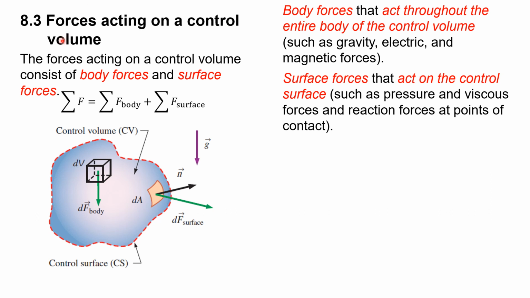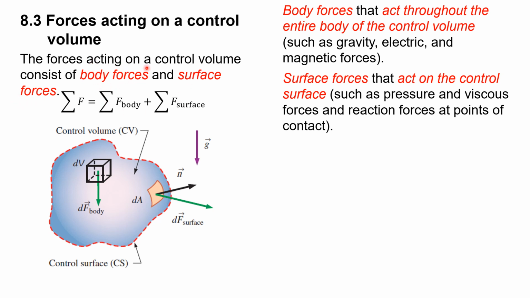Okay, 8.3 forces acting on a control volume. There are various types of forces acting on a control volume, so we can divide them into a few. The forces acting on the control volume consist of body force and surface force.